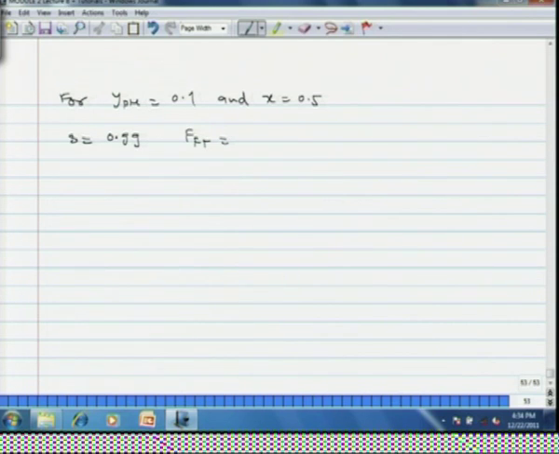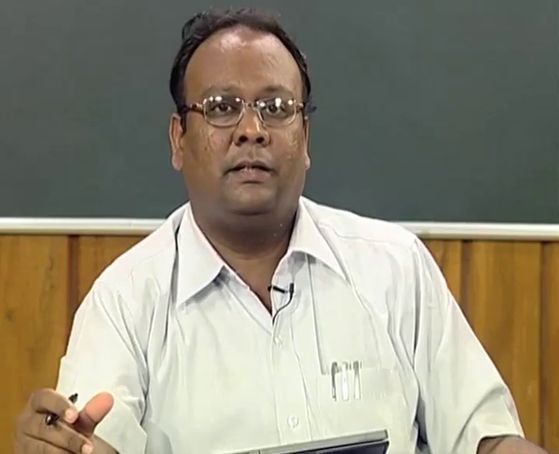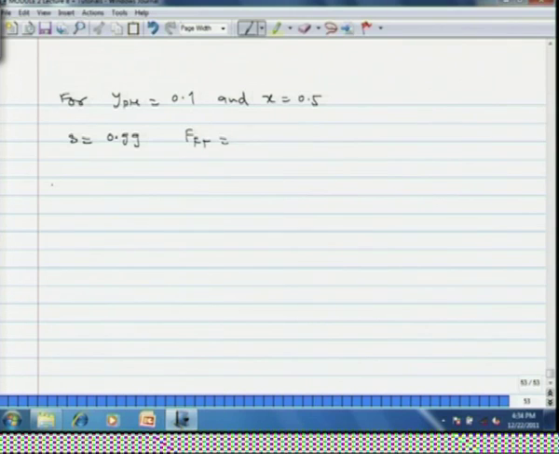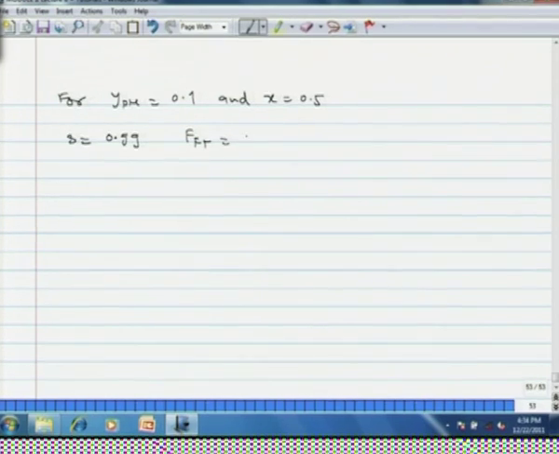For YPH equal to 0.1, that means we are essentially purifying the gas stream that is coming out of the flash drum, so that only 10% hydrogen is lost through the purge gas, everything else is recycled. So, you use the same formulae that I have listed earlier, and then I will give the answer.